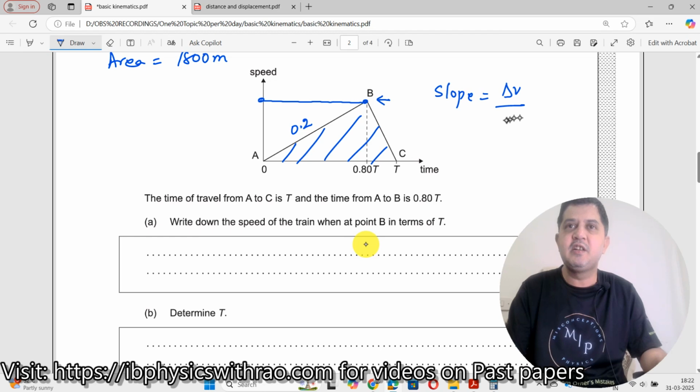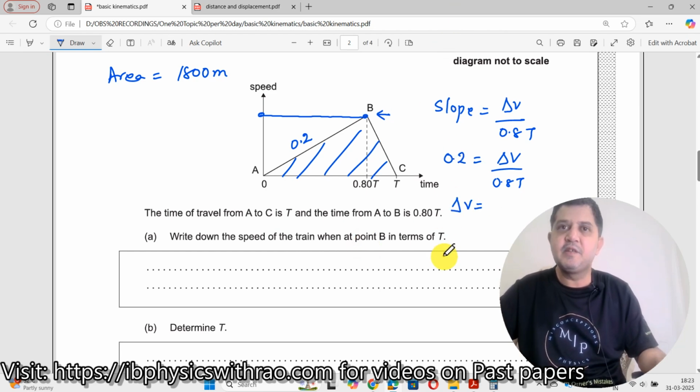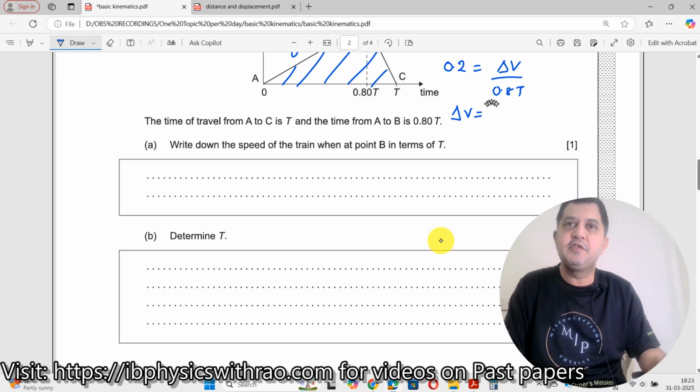The base here is 0.8t. The slope is 0.2, so 0.2 equals delta V divided by 0.8t, or delta V equals 0.2 multiplied by 0.8t, which is 0.16t.